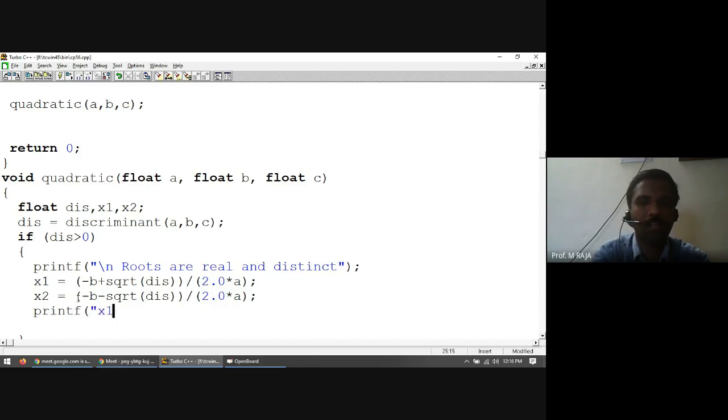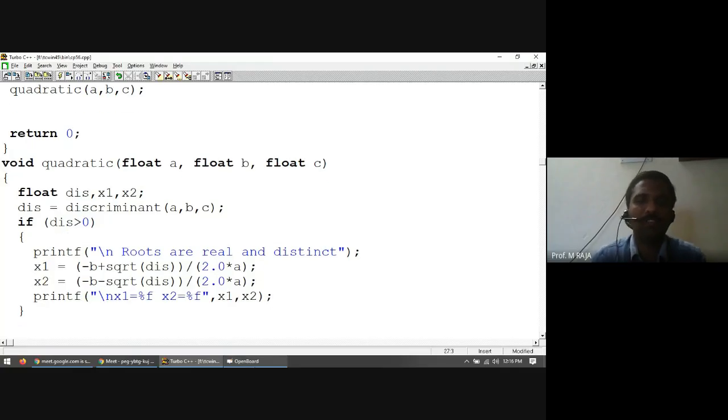First x1 is equal to percentage f comma x1, slash n. Then x2 is equal to percentage f comma x2. x1 and x2 are passed to the percentage f's specified in the printf statement.